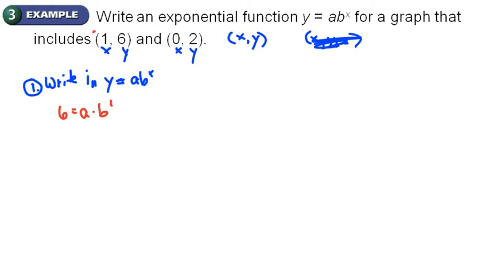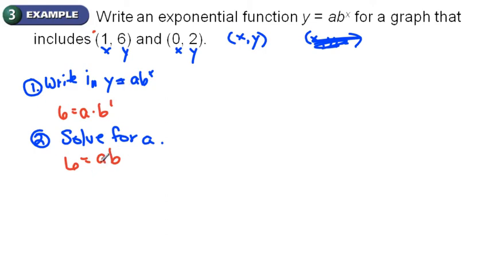Okay, now we want to solve for a. So we have 6 equals a, b. B to the first is just b, so I'm not going to rewrite that 1.